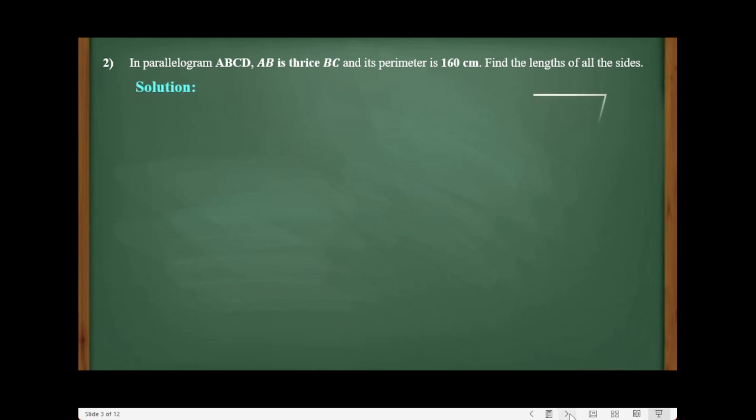For our solution, again we draw a parallelogram and we name this quadrilateral ABCD. Based on the problem, we assume that the length of segment BC is x. In the problem, there is a condition, and that is the length of segment AB is thrice the length of segment BC.